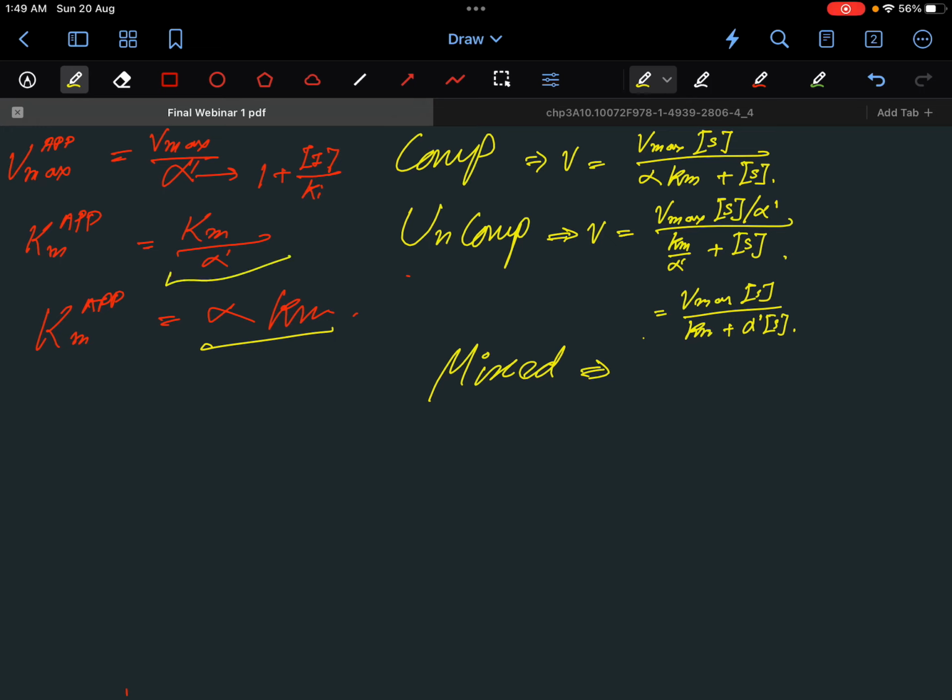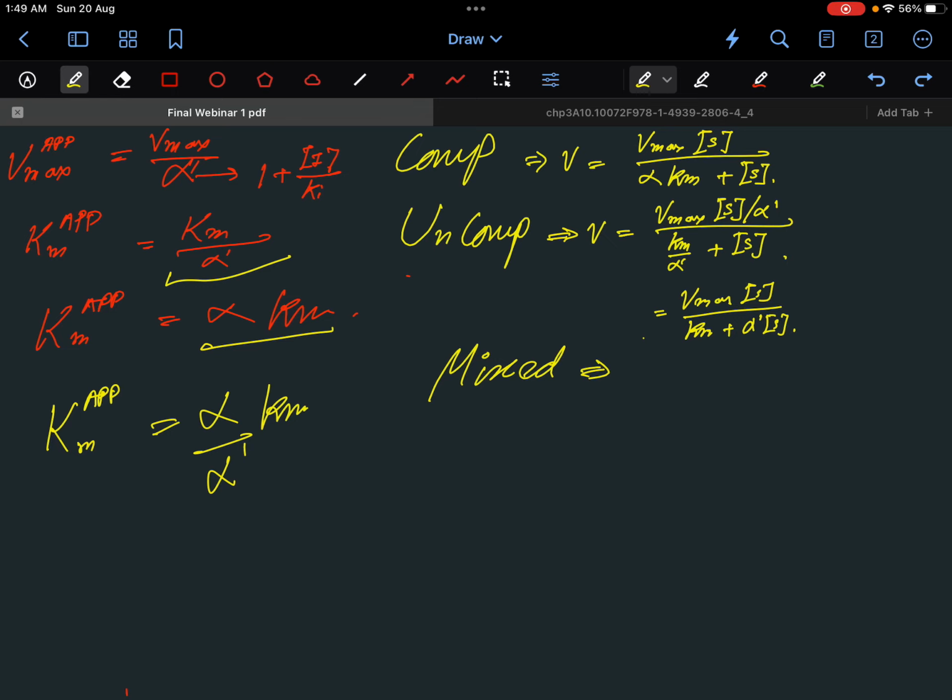This one. So the Km apparent for mixed will be alpha by alpha dash. Both of the factors will affect. Alpha will try to increase the Km and alpha dash will try to decrease the Km. That is why this is known as mixed, right?